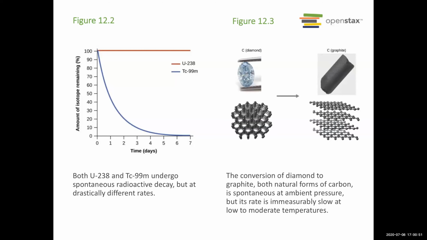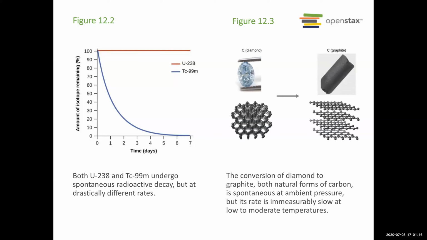So another example is the thermodynamic stability of the conversion between graphite and diamond, two different forms of carbon. So it turns out that graphite is actually more stable than diamond.